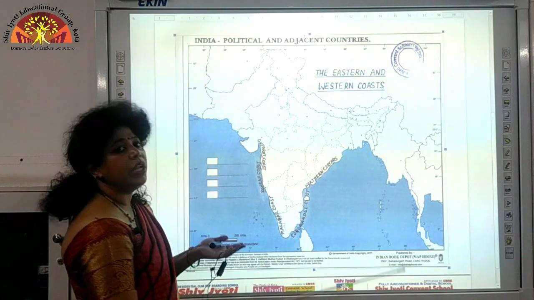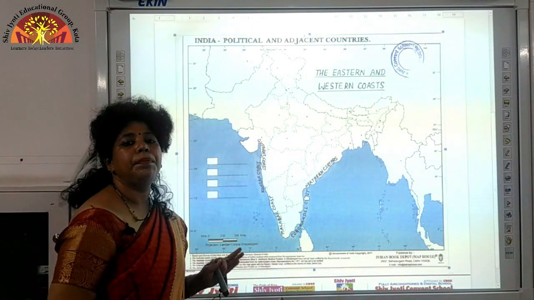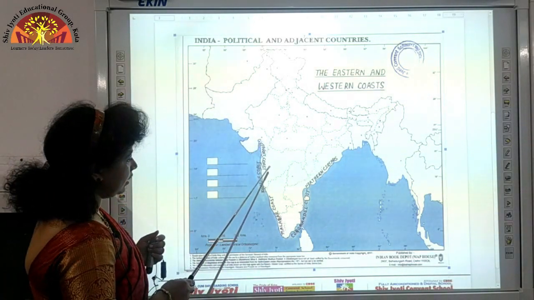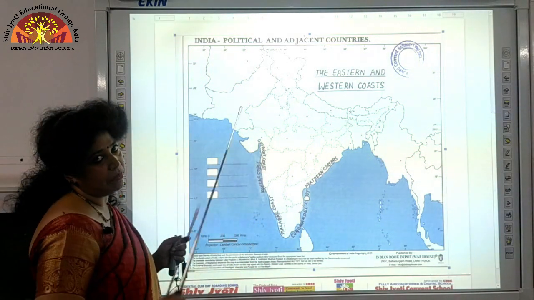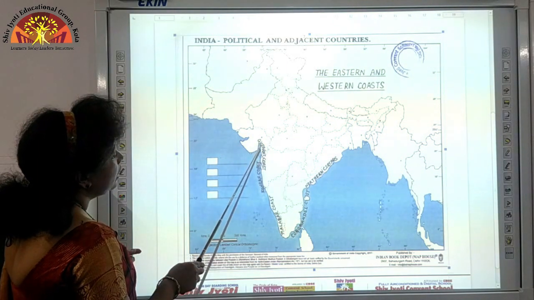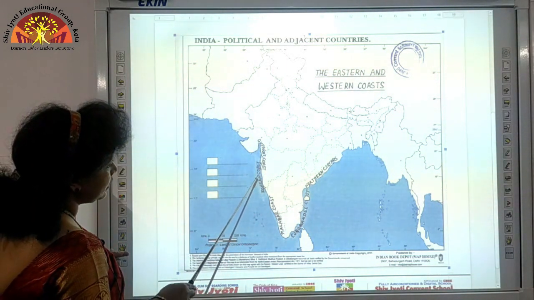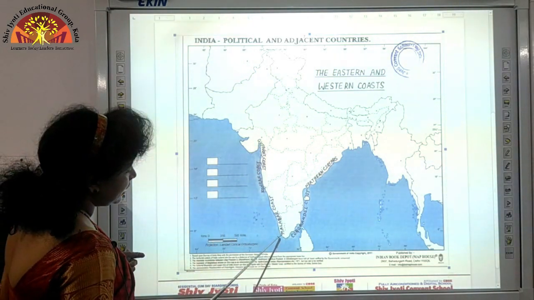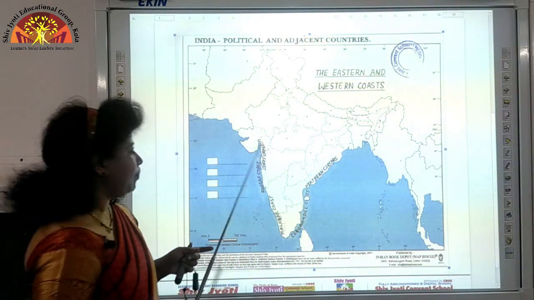Now we will come to the western coastal plains. The western coastal plains are made up of three parts: 1 Gujarat coast, 2 Konkan coast, and 3 Malabar coast. From the top part, that is from Gujarat, you will have to write Gujarat coast here, and from this point I want you to write Konkan coast, and from this point, that is from Kerala, you will have to write Malabar coast.